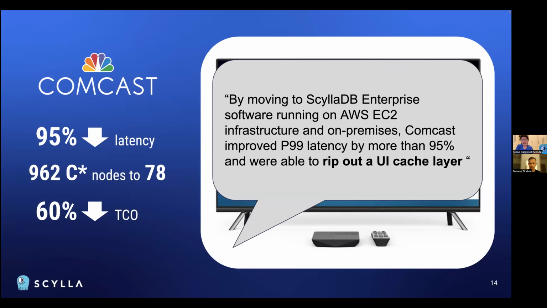Notably, Comcast also had a cache layer to address some of Cassandra's latency issues, which they were also able to get rid of, simplifying their entire operations by going alone with ScyllaDB.